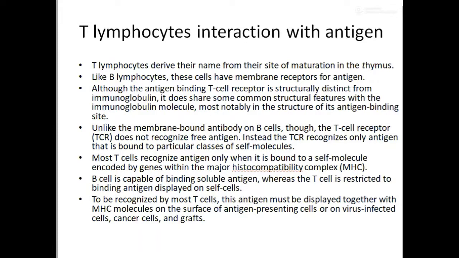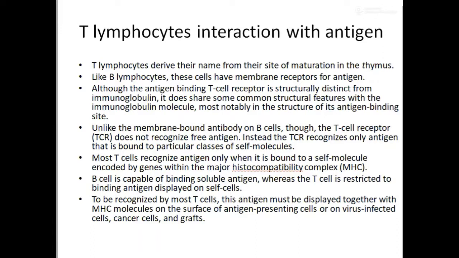So, to be recognized by most T cells, this antigen must be displayed together with the MHC molecule on the surface of antigen presenting cells, or on virus infected cells, cancer cells, grafts and so on.